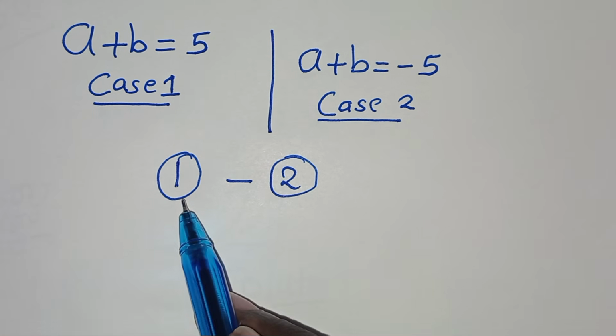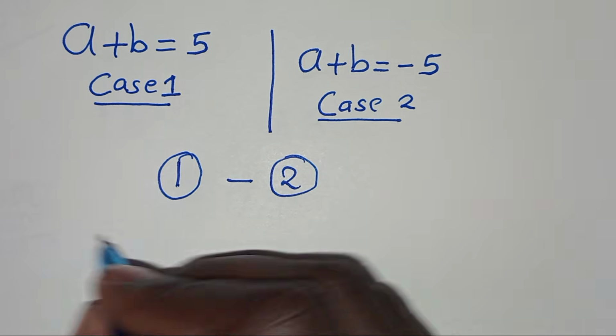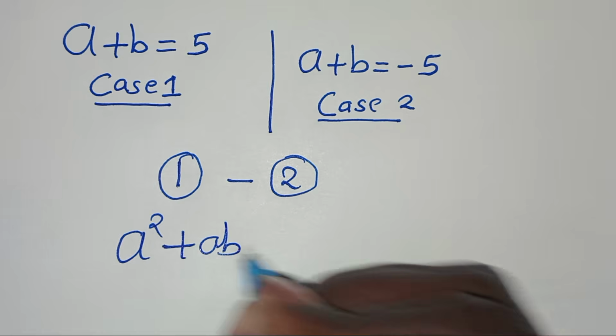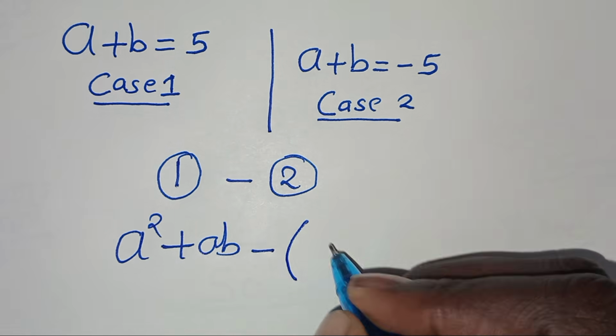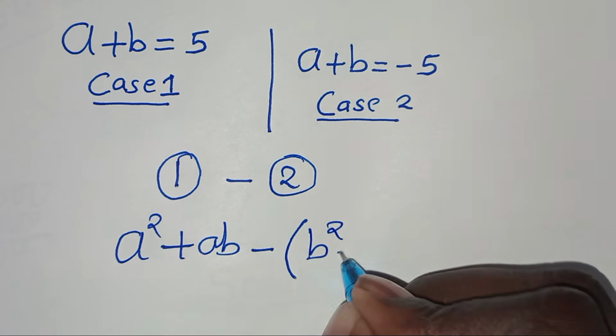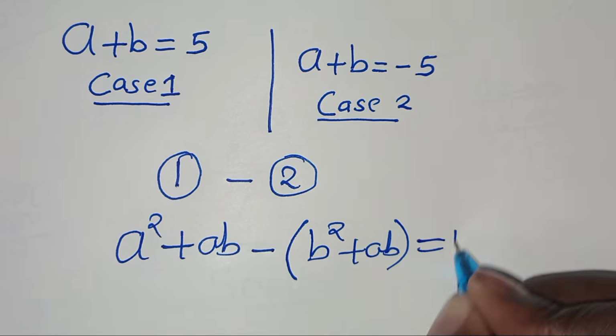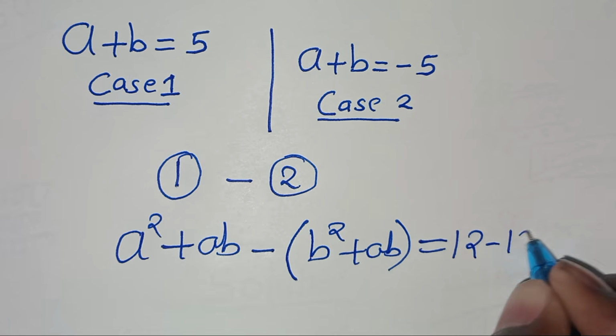Now subtracting equation 1 from equation 2, this implies we have a squared plus a times b, subtract b to the power of 2 plus a times b, which is equal to 12 minus 13.